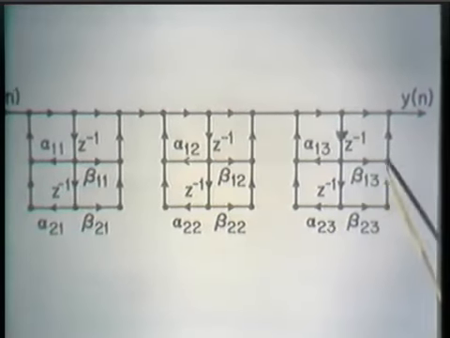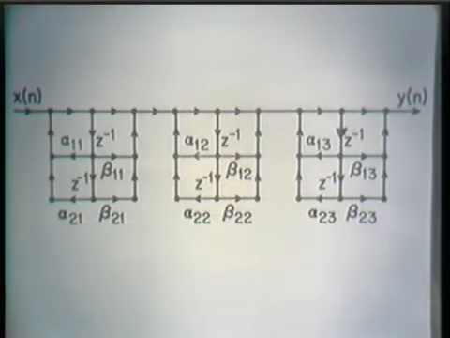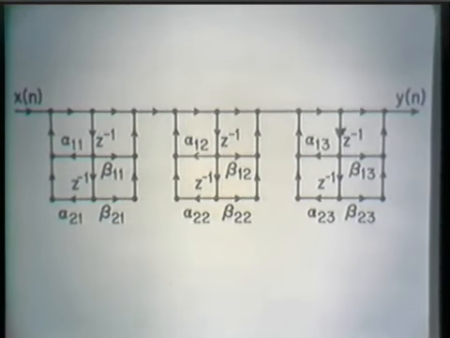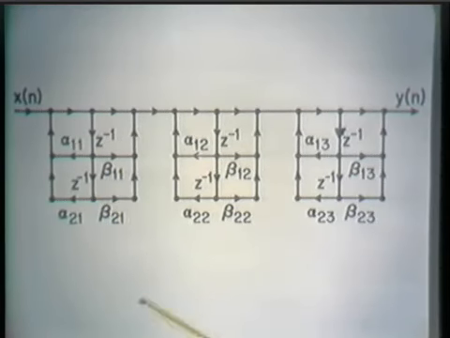And of course, I can generate other cascade forms as one possibility by just simply applying the transposition theorem to this cascade. And basically what would result is that each of these delay branches would be reversed in direction, and the zeros would be implemented first, followed by the poles.